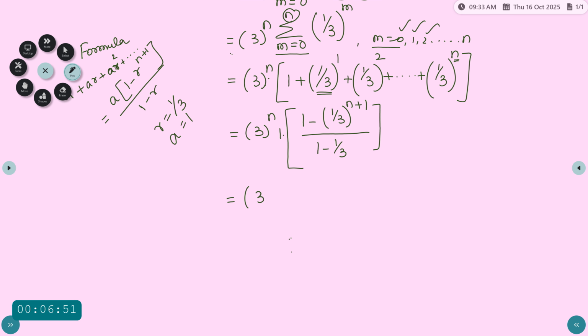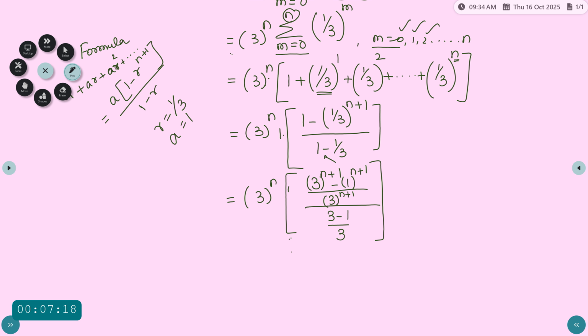Next, 3 power n. I am going to simplify this. Taking the denominator and cross multiplying, we get 3 minus 1 divided by 3 in the denominator, and in the numerator 3 power n plus 1 minus 1 power n plus 1 divided by 3 power n plus 1.